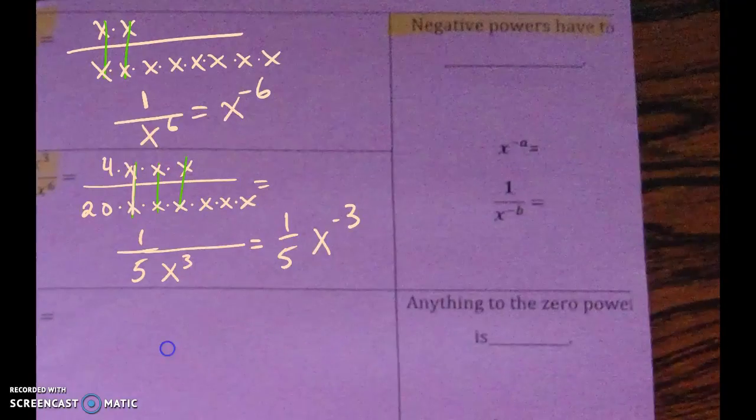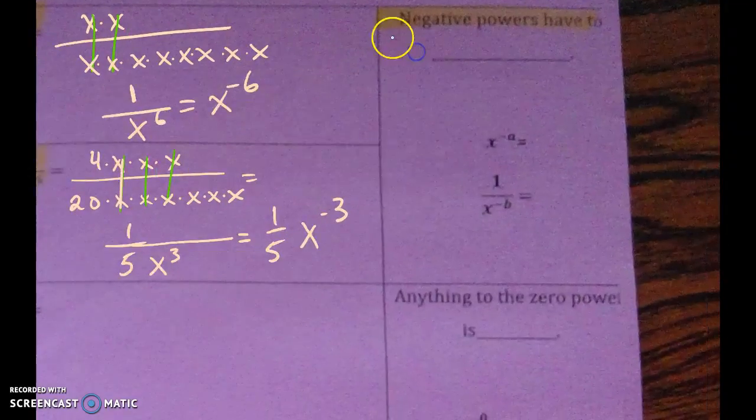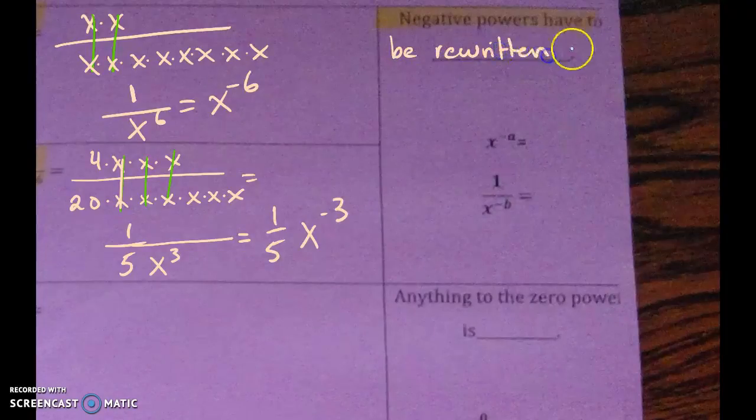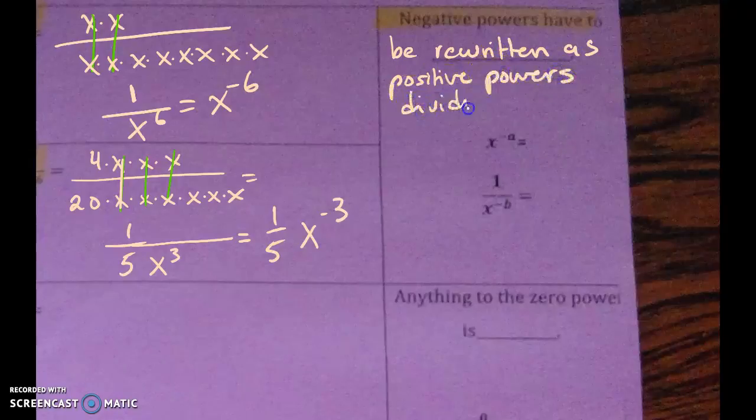In general, negative powers have to be rewritten as positive powers dividing 1. And we'll talk about later on how we can think about that in terms of reciprocals.